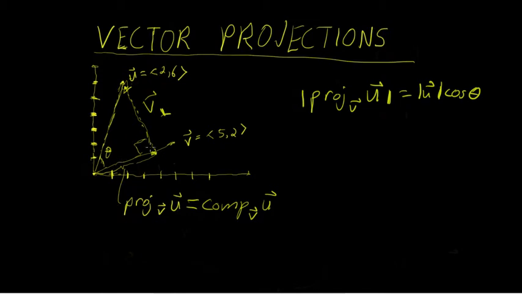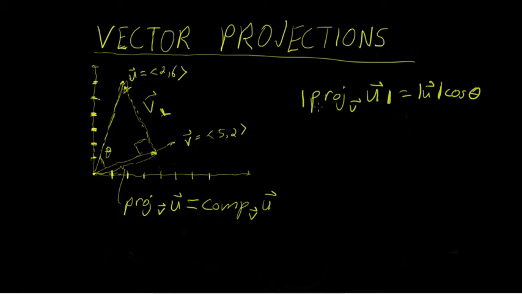Remember, cosine's adjacent over hypotenuse, so the length of this projection vector should be the length of u times cosine of the angle between u and v.